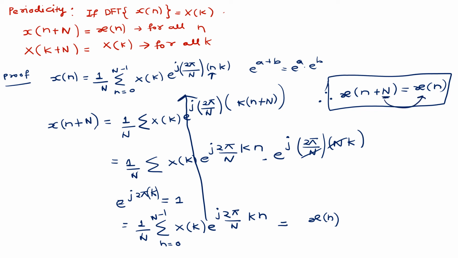Now next, let us prove X of k plus N equal to X of k. So let X of k be equal to the DFT. What is the DFT formula? Summation of n equal to 0 to N minus 1 x of n e power minus j 2 pi by N into kn.